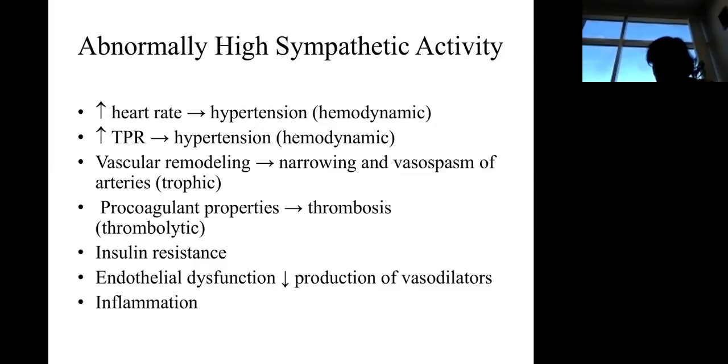So overactivation of the sympathetic system could increase TPR, could increase blood volume, all of which increase blood pressure, and it could also cause thrombosis. What's the consequence of thrombosis? Well, it occludes the vessel, and that again increases resistance and therefore increases blood pressure. All right, insulin resistance.